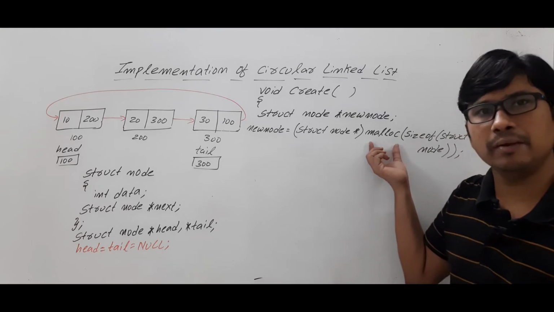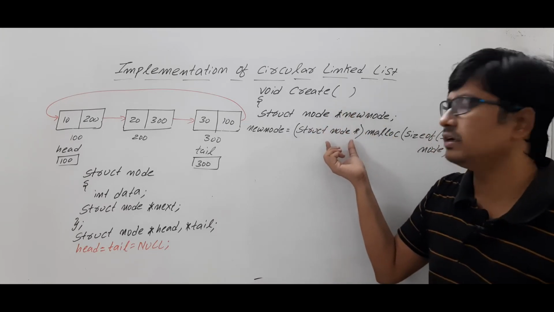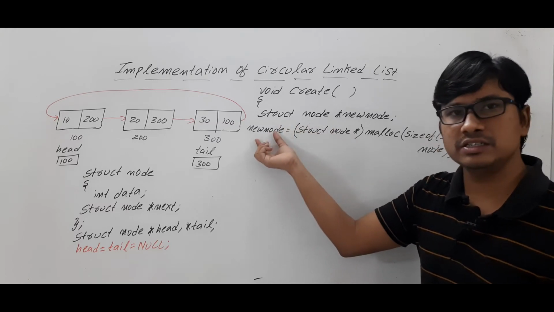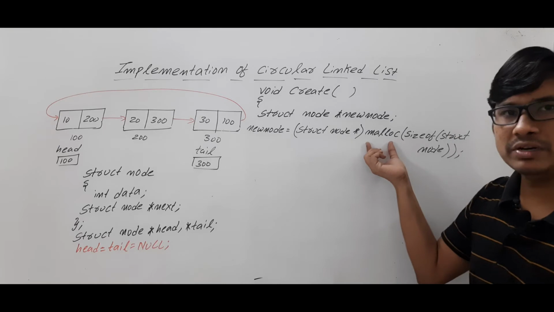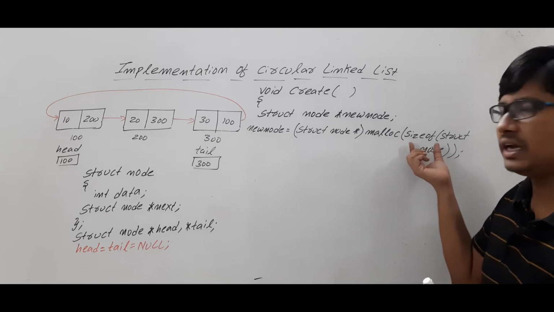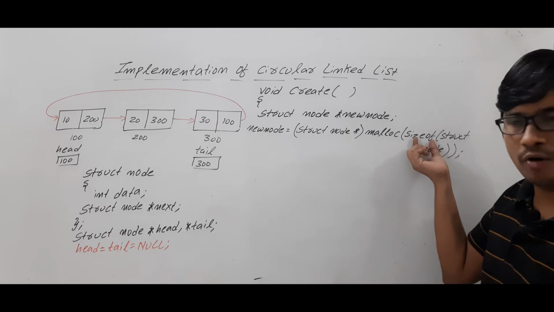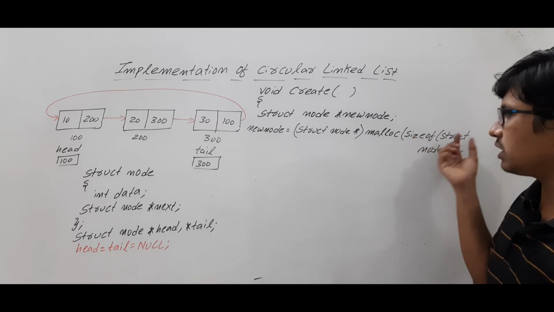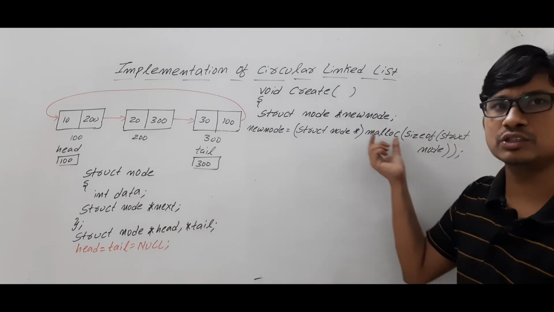Here I am using the malloc function. Now malloc function returns a void pointer, but this pointer is a struct node, so that's why we are doing the typecasting. And how much size of memory you want to allocate, that you have to specify here. So I am writing sizeof, which is an operator, and struct node. So whatever the size is required for this node, that much memory you are asking us to allocate.